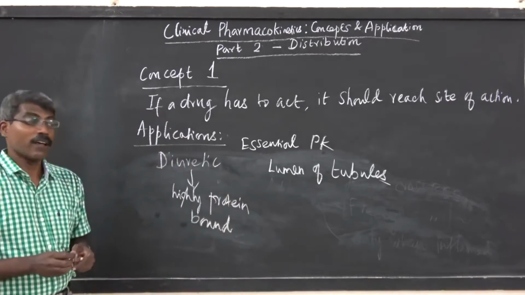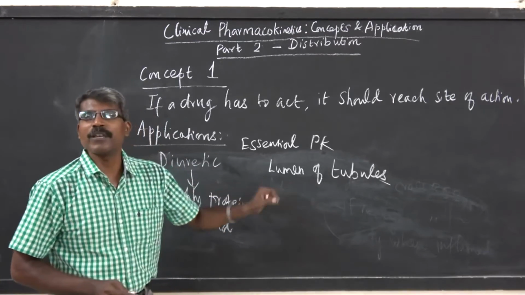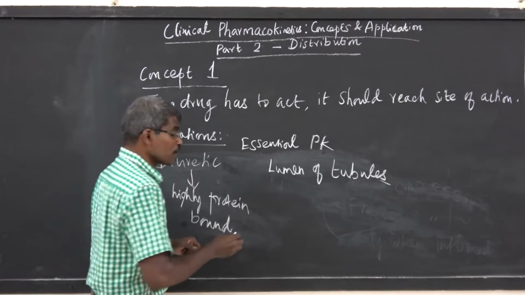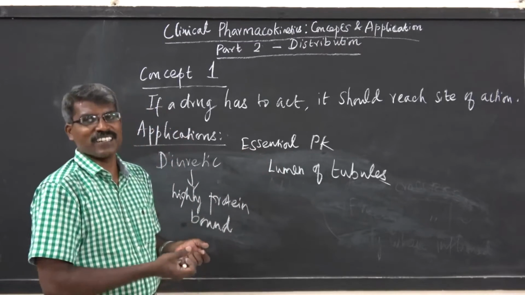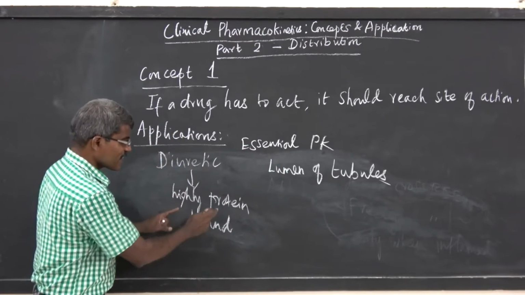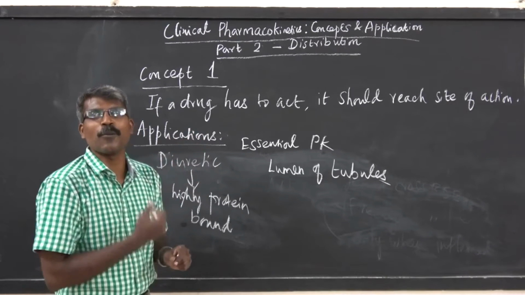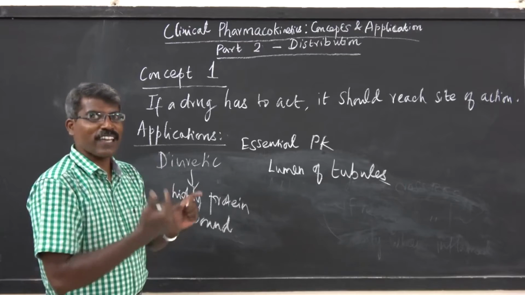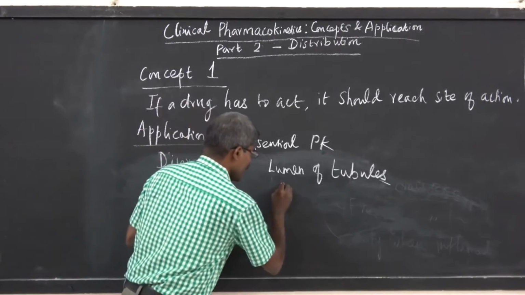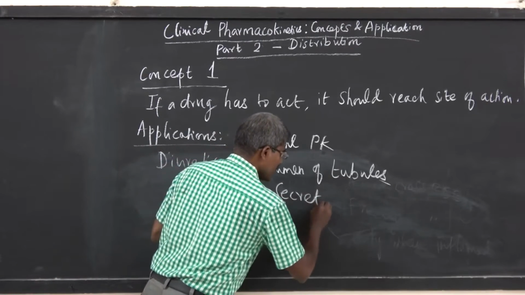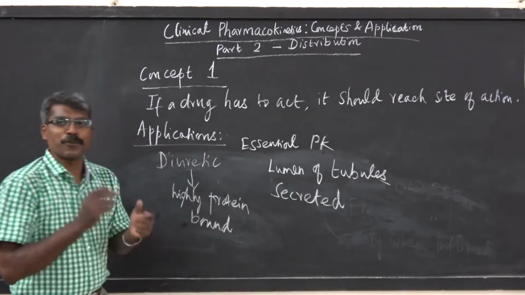So what? There are two or three ways of coming into the lumen. The first way is through glomerular filtration. If a drug is highly bound to protein, it cannot be filtered. So it cannot come through the glomerular filtrate. So the other way it can come is that it can be secreted into the tubules.